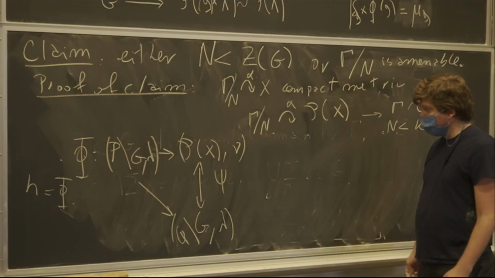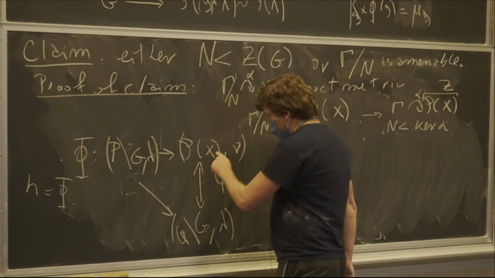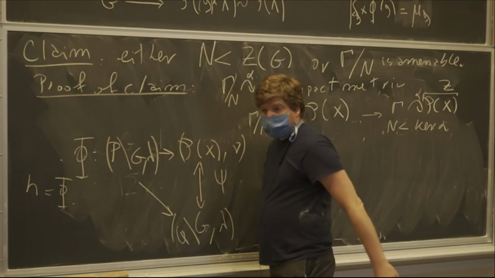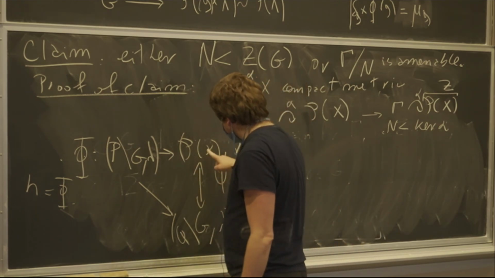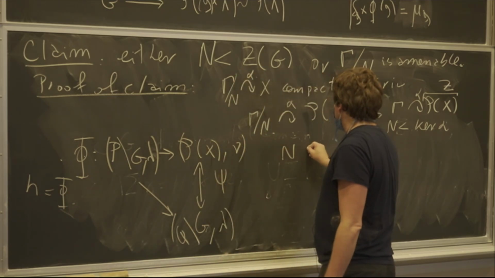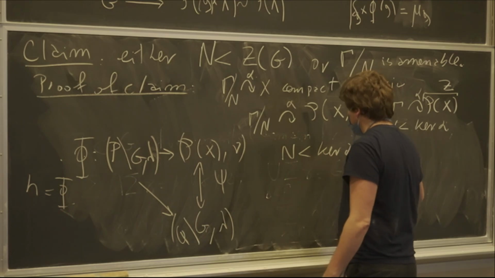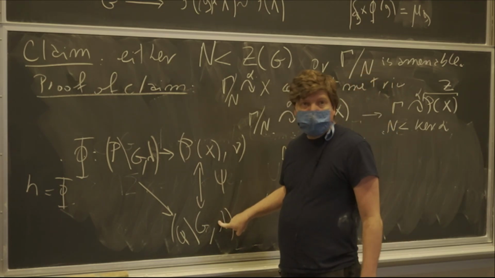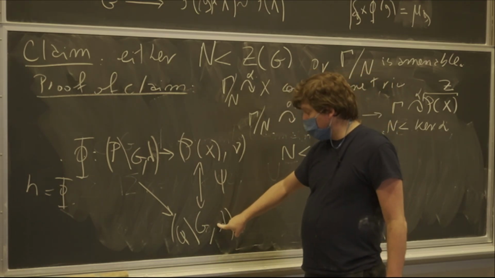What is very important here is this isomorphism, because I know that N is inside the kernel of alpha. This will imply that N is inside the kernel of this action.